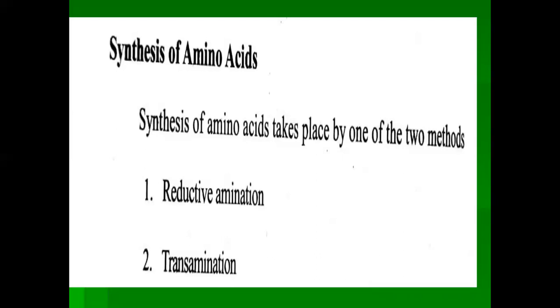Mitochondria and chloroplasts are the sites of amino acid synthesis. After the formation of amino acids, they are moved to other parts of the cell.